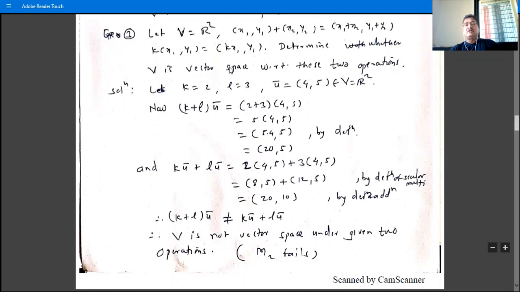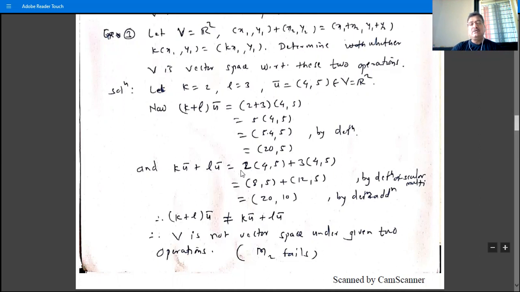It is not the usual scalar multiplication. So 5 into 4, comma 5. What is K times x1, y1? It is K x1, comma y1. That is, just multiply K by the first component only. So 5 into 4, comma 5, by definition, is 20, comma 5. So this is the value of K plus L U bar.